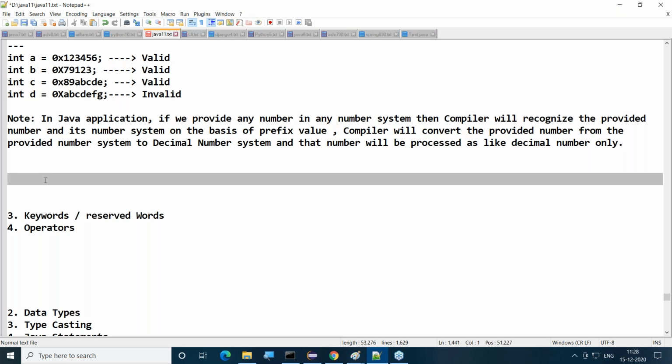Decimal number system: 0 to 9. Hexadecimal number system.